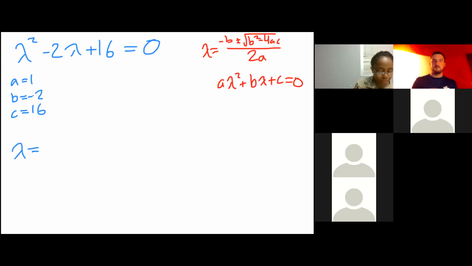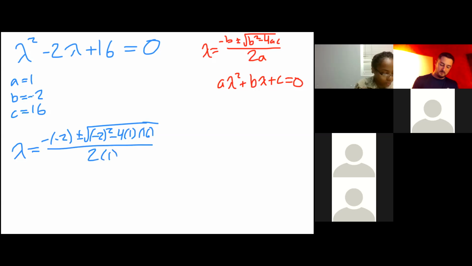So then the roots for lambda squared minus 2 lambda plus 16, well, it's going to be -b plus or minus the square root of b squared minus 4 times a times c, all over 2 times a. And then my goal from there is to just simplify it.